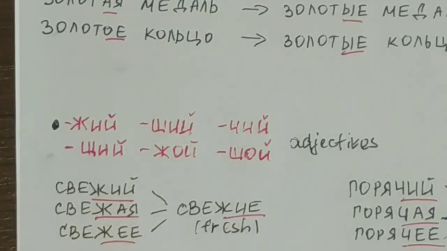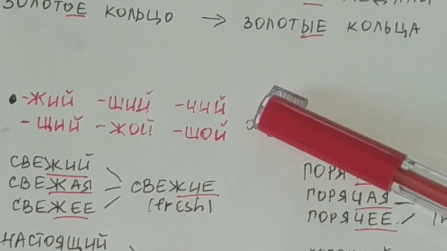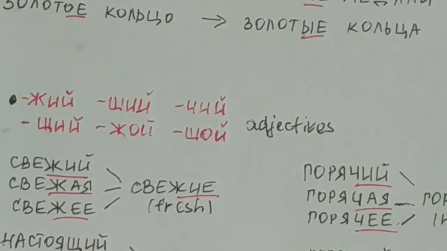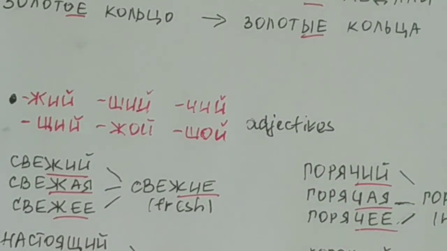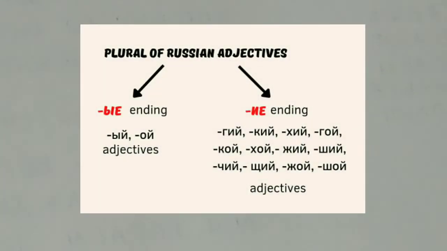So again, all of the adjectives that end in жи, ши, чи, щи, жой, and шой form their plural versions by changing the last two vowels into и, е. So that is all. I tried to make it brief and clear, and I hope you grasped the basic idea of how to make the plural versions of Russian adjectives, and I think it's fairly simple.